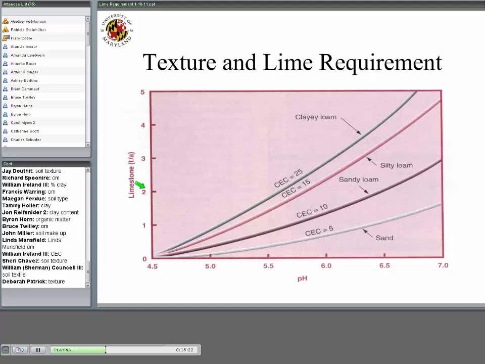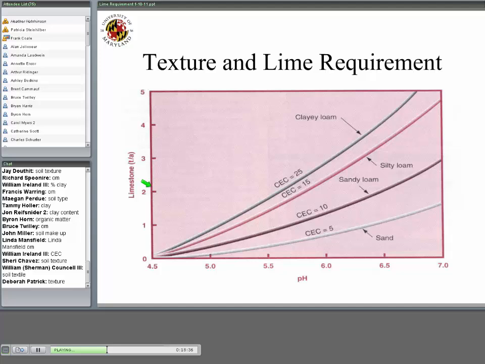Now, if you go back to 6.5 again, and you follow it up to the sandy loam line, where it intersects the sandy loam, and proceed over to the left axis, you can see that to raise the sandy loam soil from 4.5 to 6.5 takes about 2 tons of lime. Why? More clay, perhaps more organic matter, more lime needed.